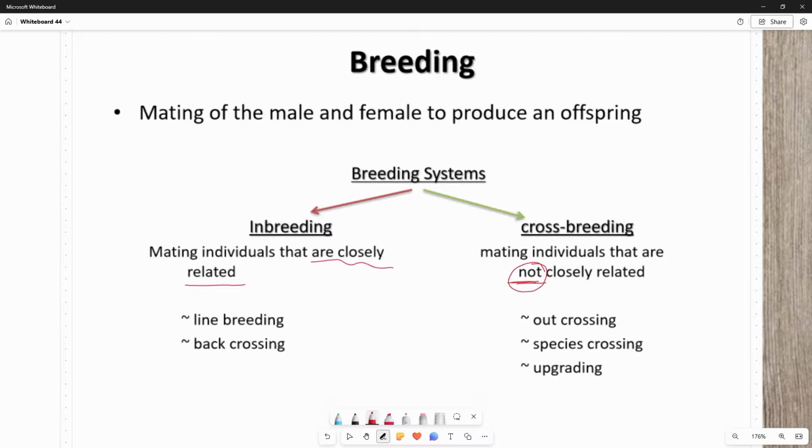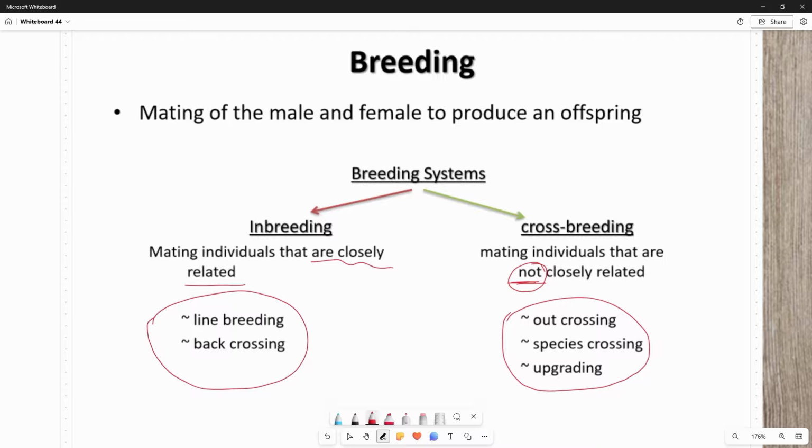Very, very important. Now, under inbreeding you have these two: line breeding and back crossing. Under crossbreeding you have these three: outcrossing, species crossing, as well as upgrading. Those are the breeding systems. But remember, generally, once your organisms are closely related, we can categorize it as inbreeding.